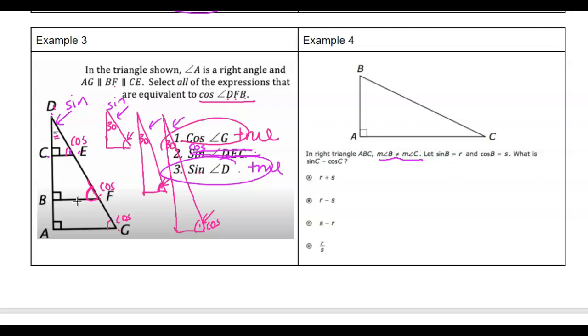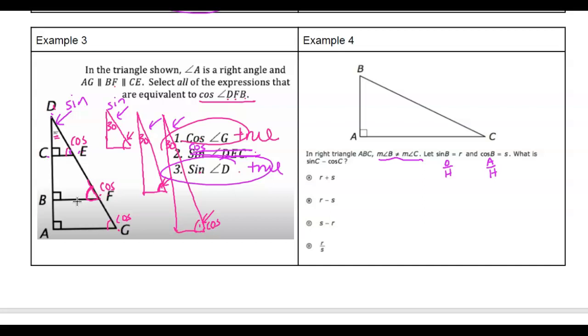So, well, what I know is that we've got sine of B, so sine is opposite over hypotenuse, and the cosine of B is adjacent over hypotenuse. Okay, and we know that these have to add up to 90, the angles do, but we want to talk about the cosine and sine of the C angle.